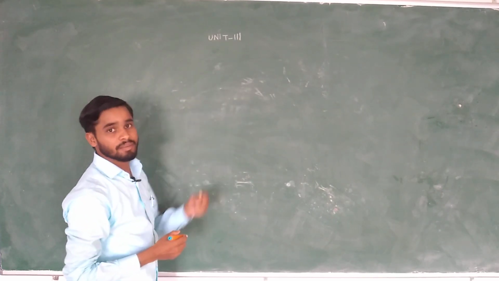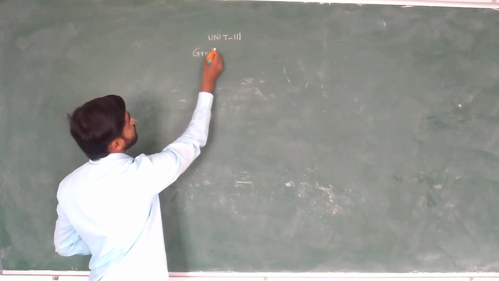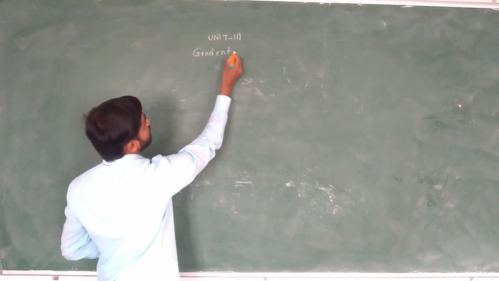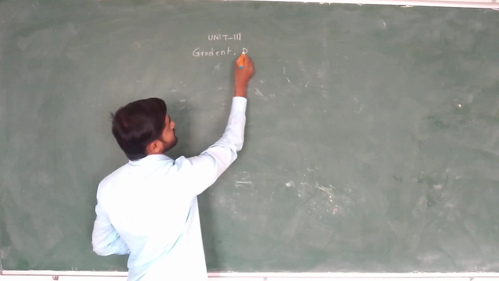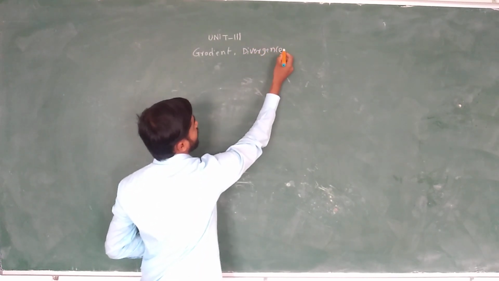The name of this unit number 3 is gradient, divergence and curl.